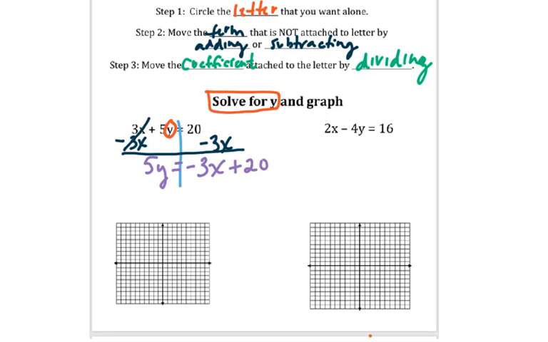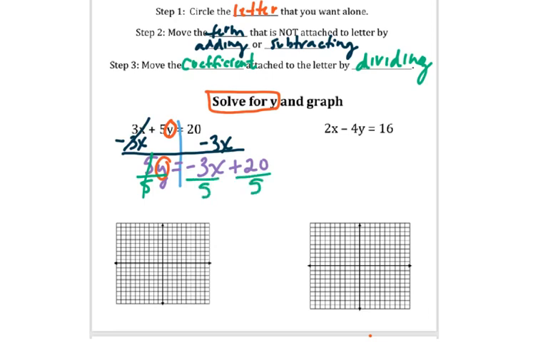So what that means is that my y is almost by itself. It's so close to being alone. So to get it completely by itself, I need to divide every number by that 5. If I can get rid of that 5, then the y will be by itself. But whatever I do on the left side of the equation, I need to also do on the right side.